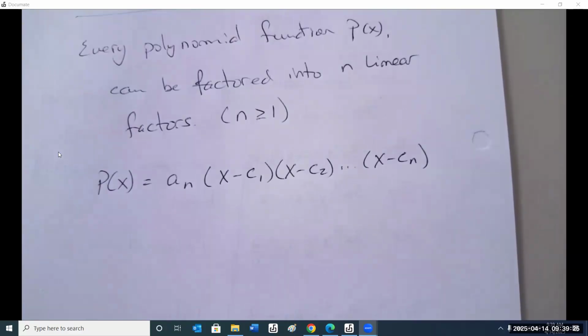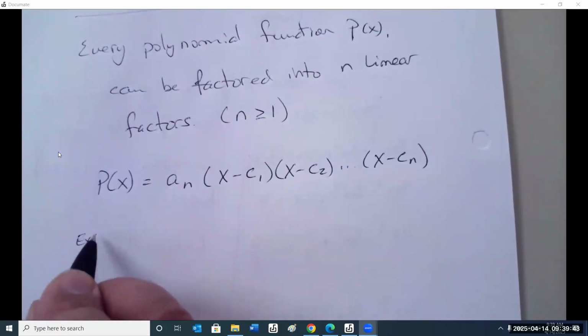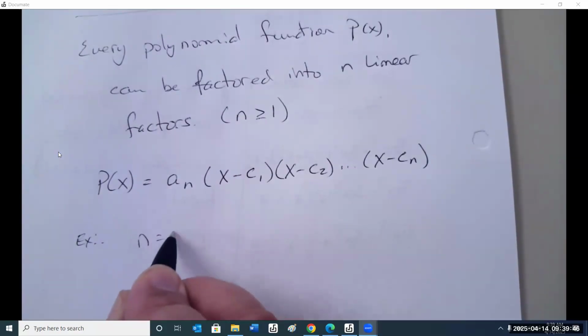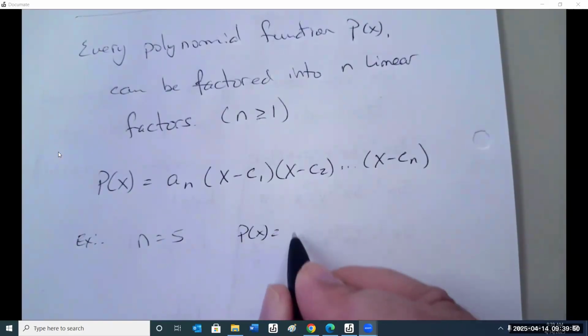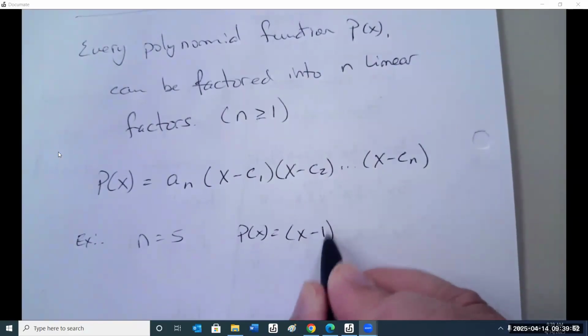Now, what the fundamental theorem said is every polynomial function has to have at least one zero in the complex set. So no matter what the polynomial, even if the degree is 5, even if n equals 5, our polynomial could be x minus 1 to the 5th.